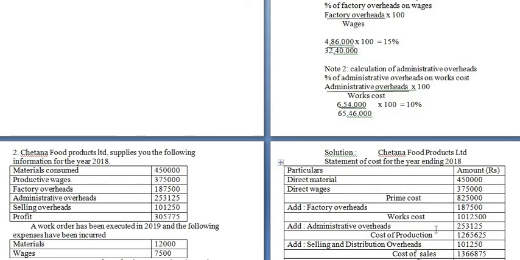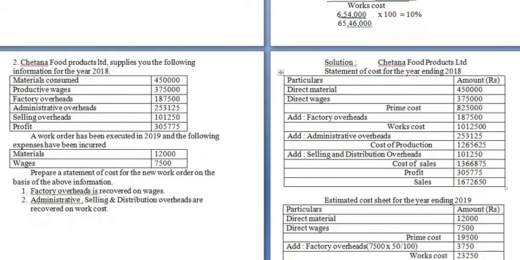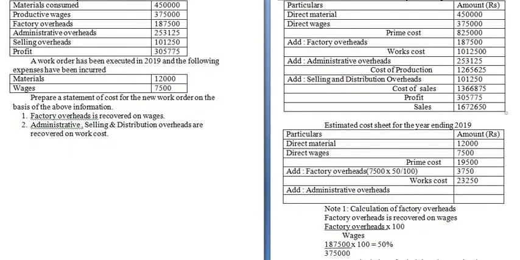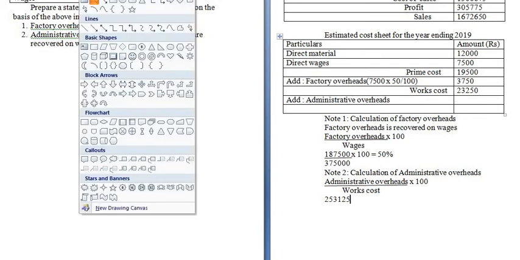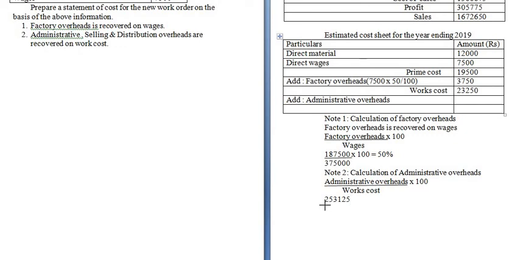Administrative overheads is 2,53,125, divided by works cost.